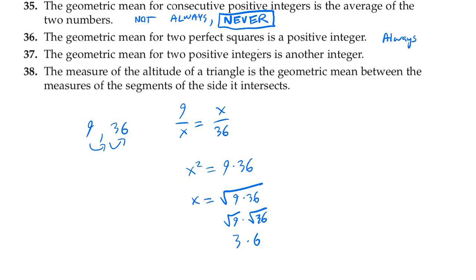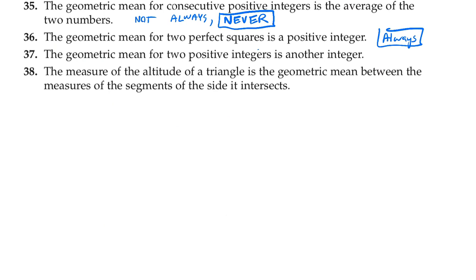Cool problem, okay? What about the geometric mean for two positive integers is another integer? Well, that's definitely not always true, because for some positive integers the geometric mean is not another integer. But is it possible?